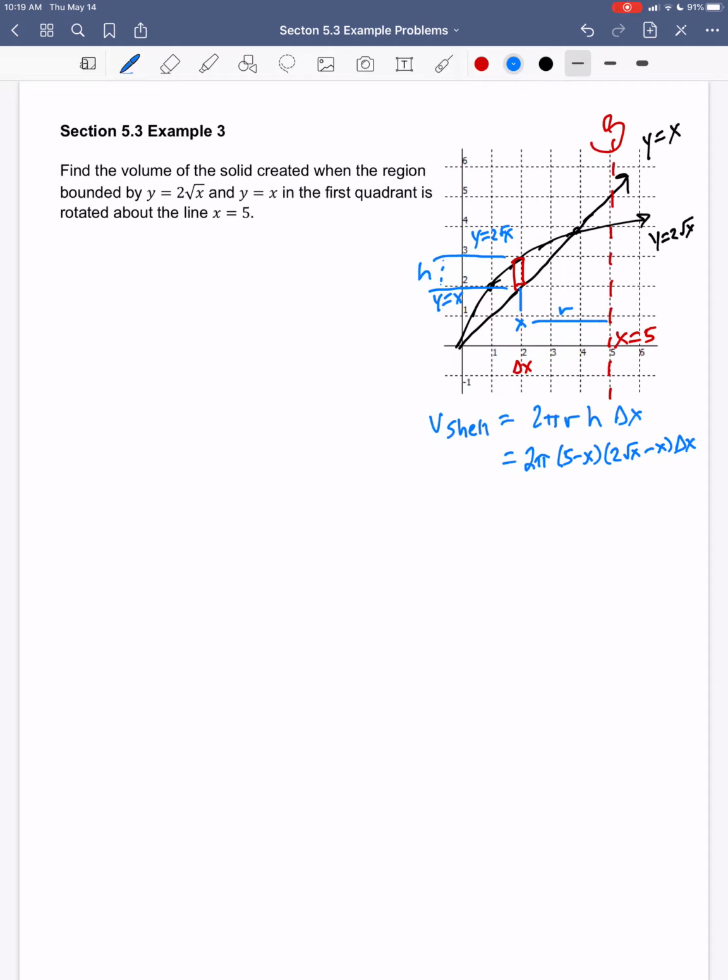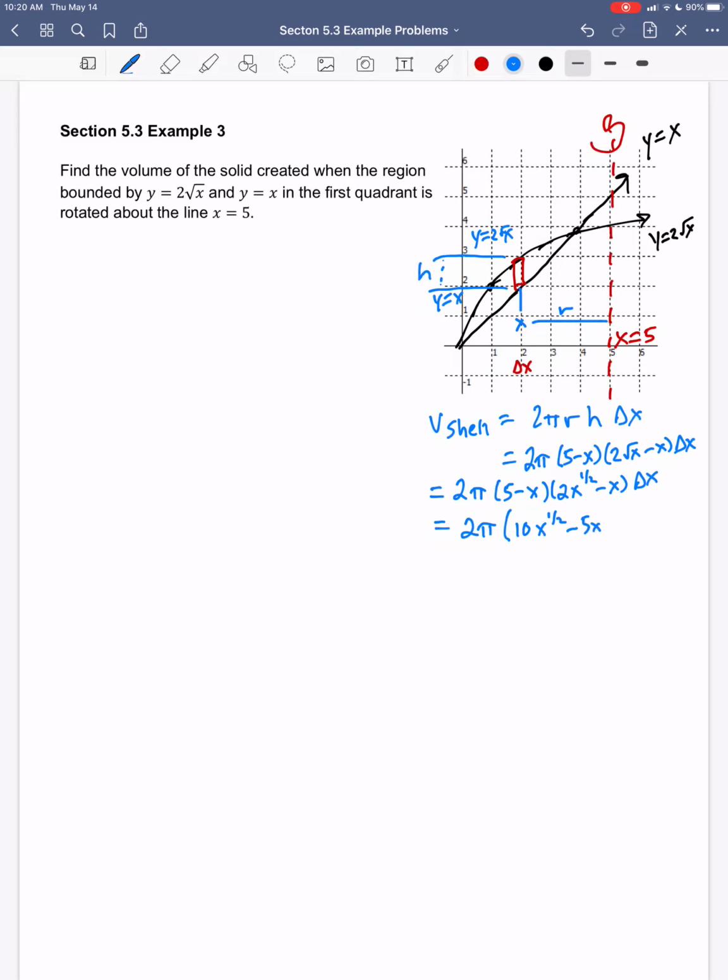Okay, I'm going to write my square root as a fractional exponent. So that's x to the 1/2. And now I'm going to distribute, I'm going to do FOIL with those binomials. So 5 times 2, 10, x to the 1/2, that's first. Outer, 5 times negative x, negative 5x.